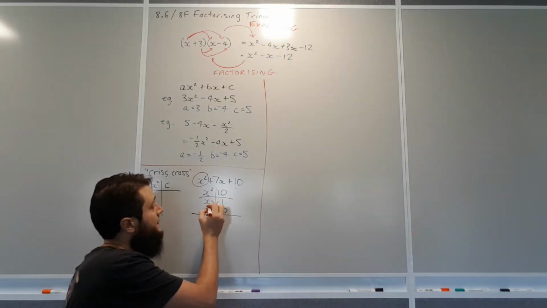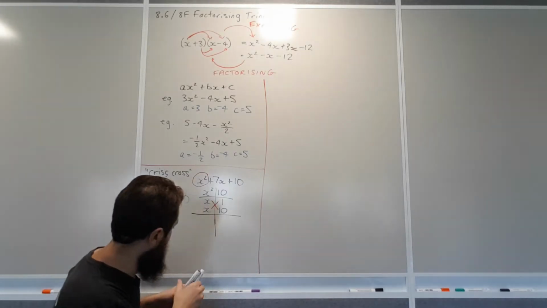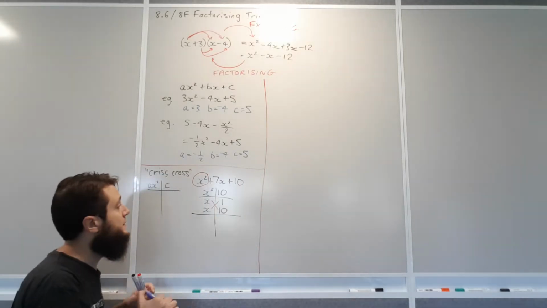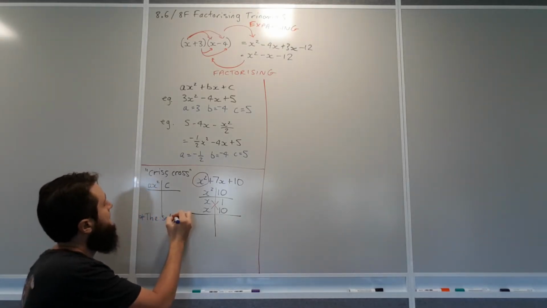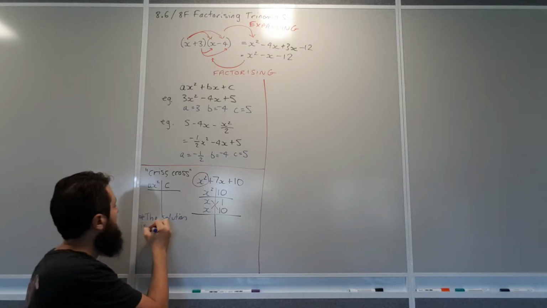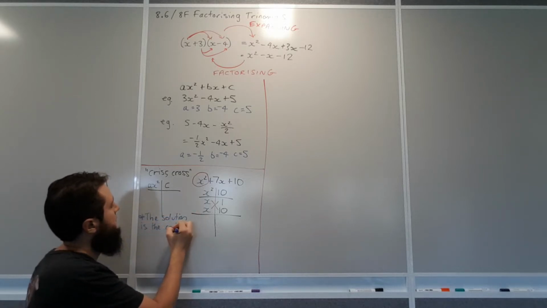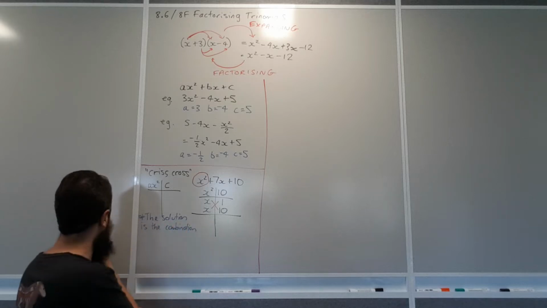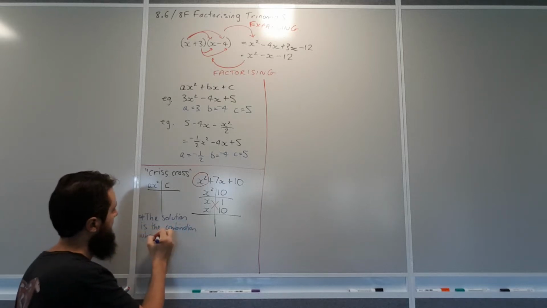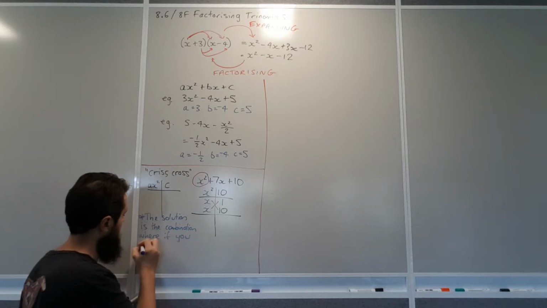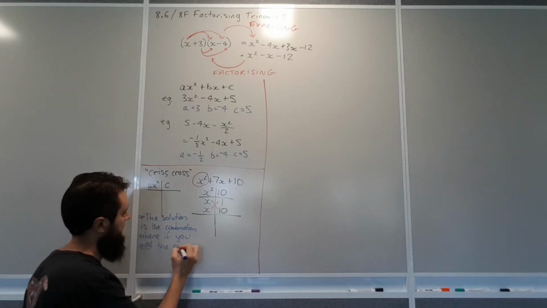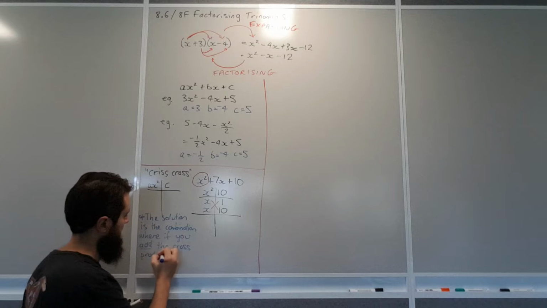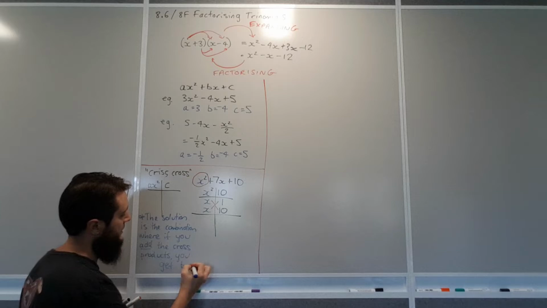I draw a crisscross here, and I go, what I essentially want is the solution is the combination where if you add the cross products, you get the bx component.